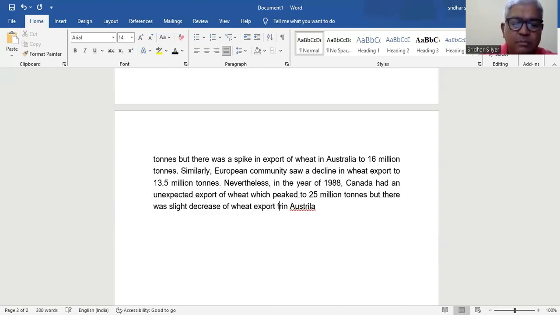Export from Australia, which was at 13.5 million tons.